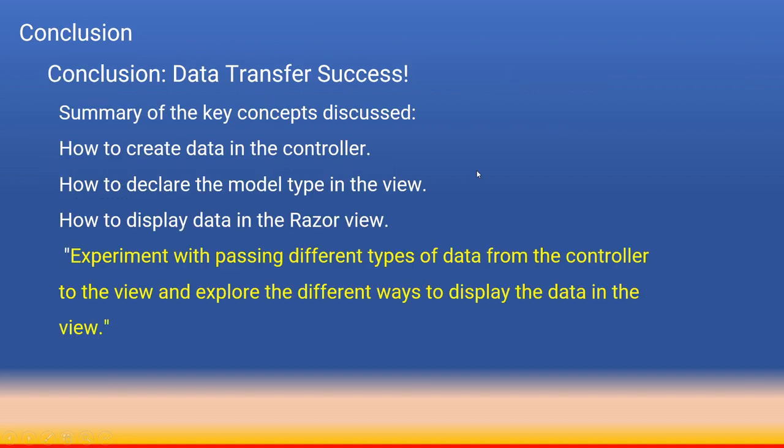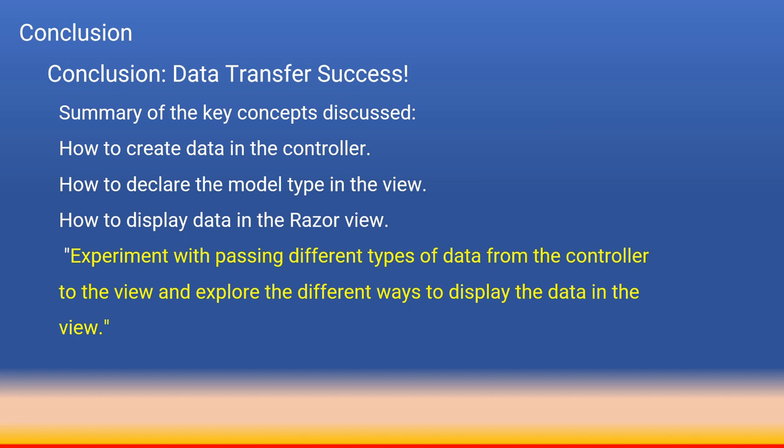In this video, we have learned how to pass data from a controller to a view in ASP.NET Core. We have learned how to create data in the controller, how to declare the model type in the view, and how to display data in the Razor view. This is a fundamental concept for building dynamic web applications.